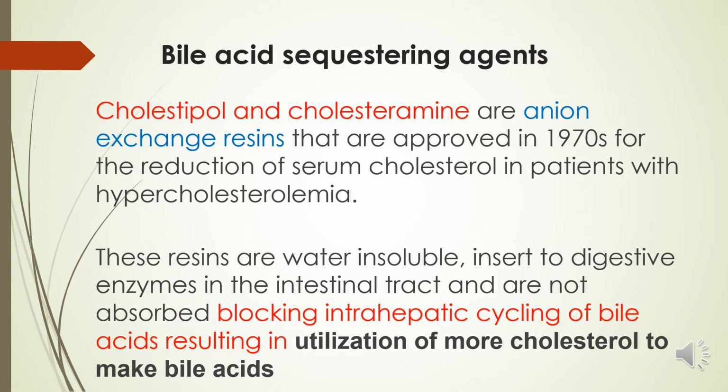Examples of these bile sequestering agents are cholestyramine and colestipol, which are anion exchange resins, and as mentioned earlier, they act by blocking the intrahepatic recycling of bile acids and thus forcing the liver to utilize more cholesterol in synthesis of bile acids, and this will contribute to lowering of blood cholesterol levels.